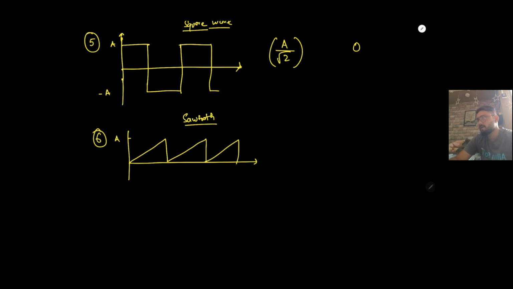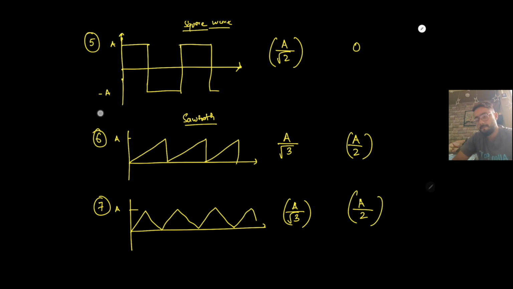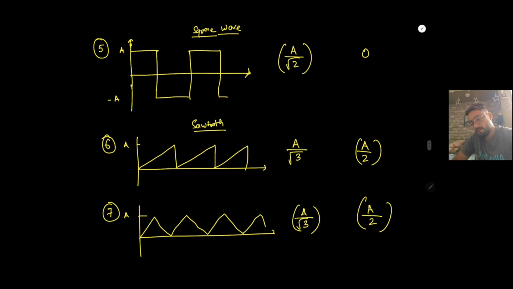What is the average value? Average value was A by 2, and if you calculate the RMS value, you will get A by root 3. Similarly, if we take a triangular kind of waveform, here also the RMS value you will get is A by root 3, and the average value will be A by 2. Fine.